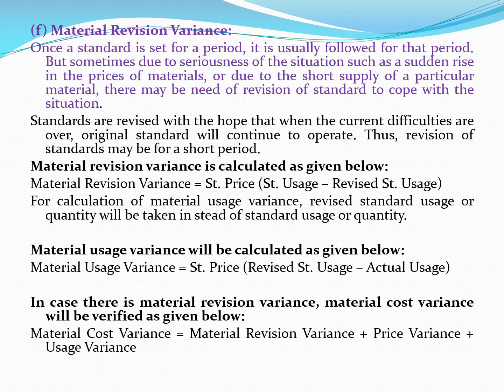So, material usage variance will be calculated like this: standard price multiplied with the difference between revised standard usage and the actual usage. In case there is material revision variance, material cost variance will be verified like this: material cost variance equals material revision variance plus price variance plus usage variance.